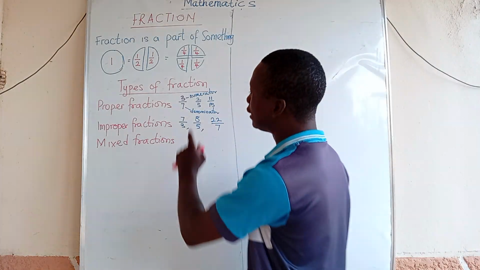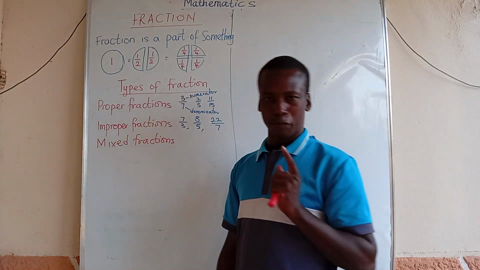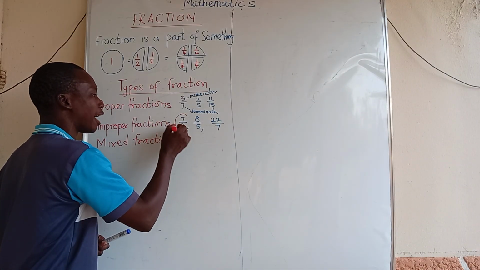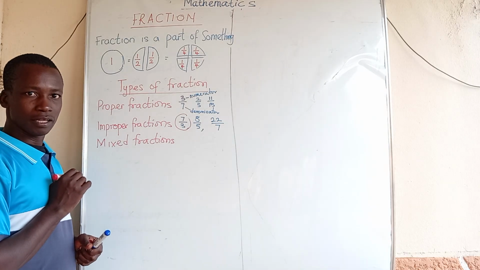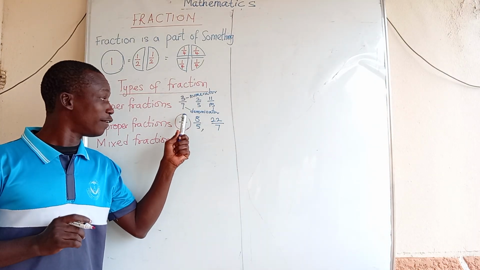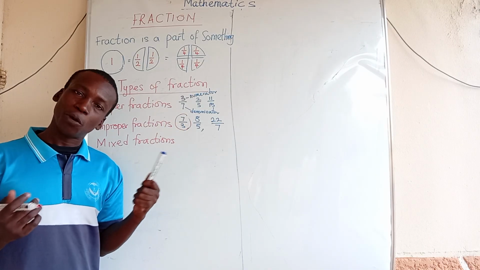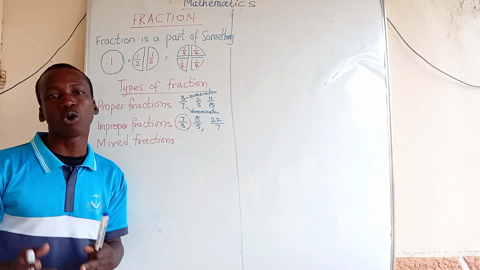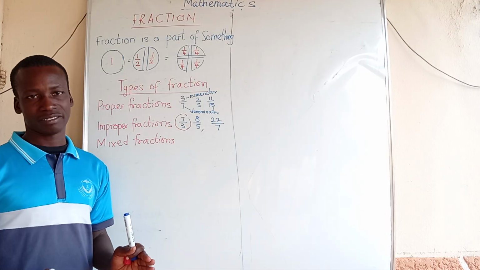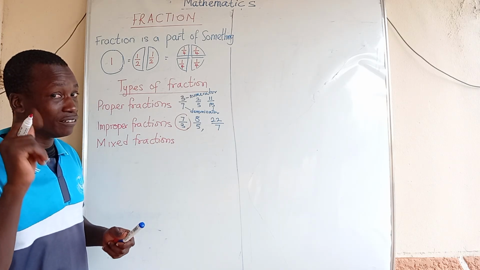And we usually determine a mixed fraction from an improper fraction because this fraction is improper. By the time 3 is carrying 7, 7 can eventually kill 3. So we tend to make it a proper fraction by reducing the 7, so that what 3 has to carry is not up to 7 anymore.